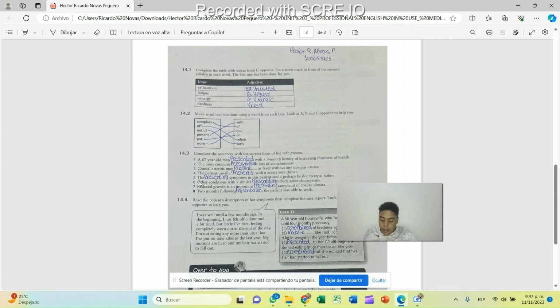Reduced growth is an important presenting feature of coeliac disease. 8. Two months following presentation, the patient was able to walk.